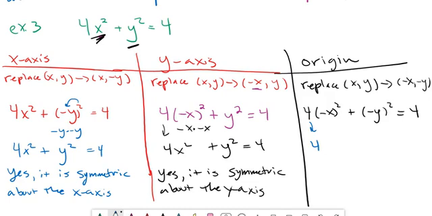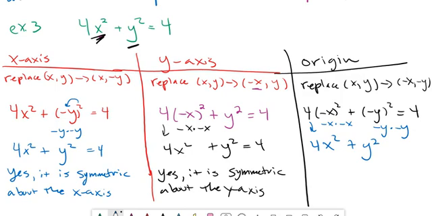So this 4 drops down. Negative x times negative x. Well, a negative times a negative is a positive. And then x times x would just be x squared. And then again, our next section, negative y squared. That's really saying negative y times negative y. So negative times a negative is a positive.